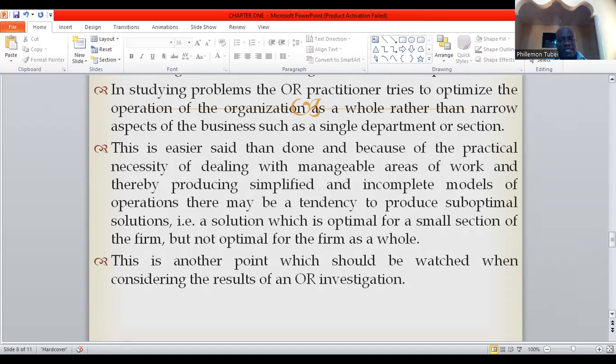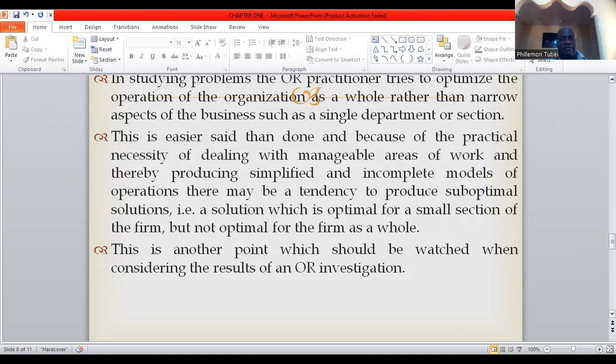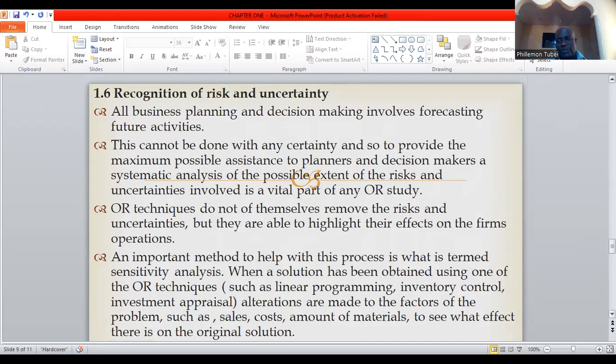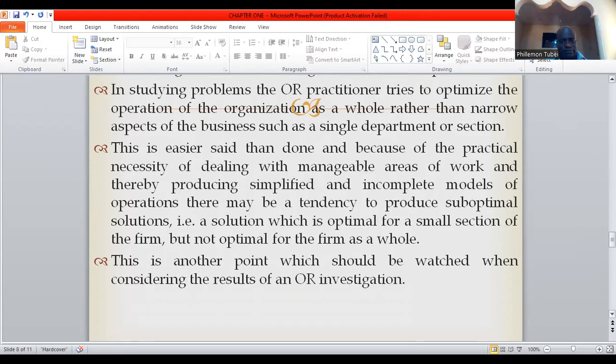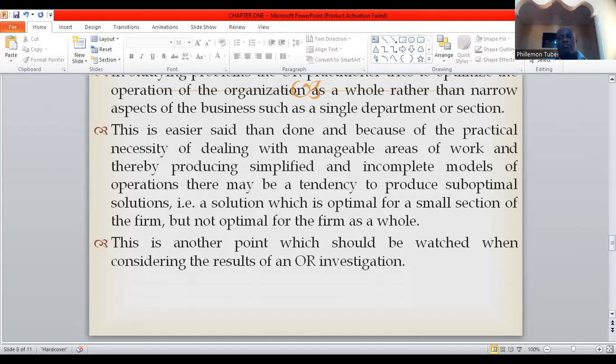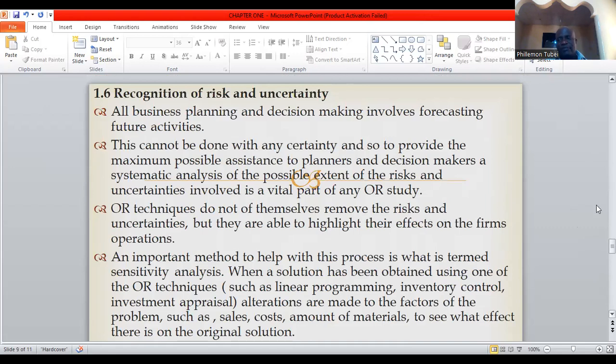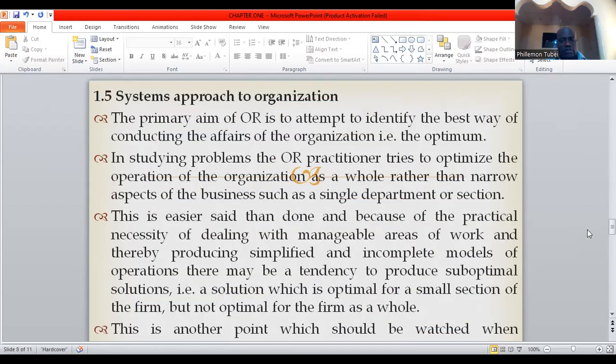So this is easier said than done. Because of the practical necessity of dealing with manageable areas of work and thereby producing simplified and incomplete models of operations, there may be a tendency to produce suboptimal solutions, i.e. solutions that are not actually optimum.